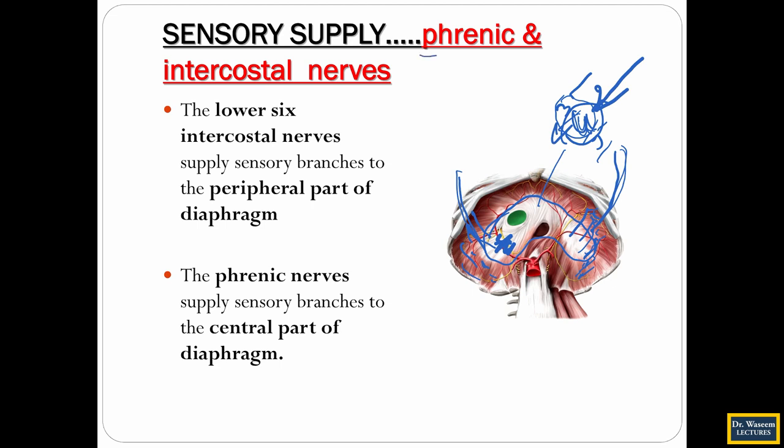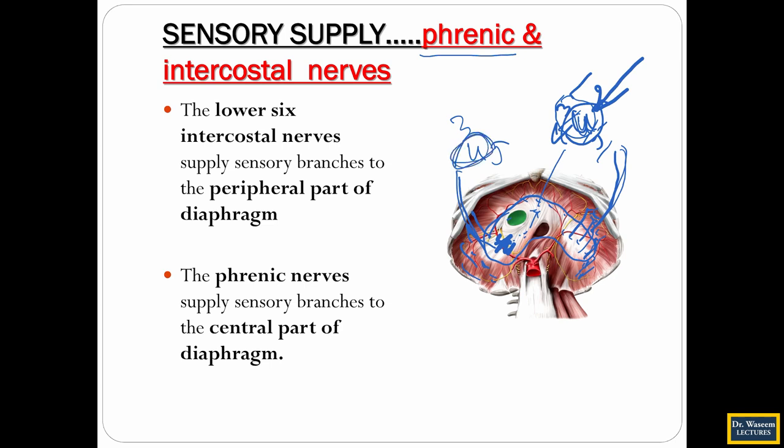This is because of the signals going through the phrenic nerve, because the central tendon of the diaphragm has its sensory supply not from the intercostals but from the phrenic nerve. The phrenic nerve root value is 3, 4 and 5, with many fibers from 4.